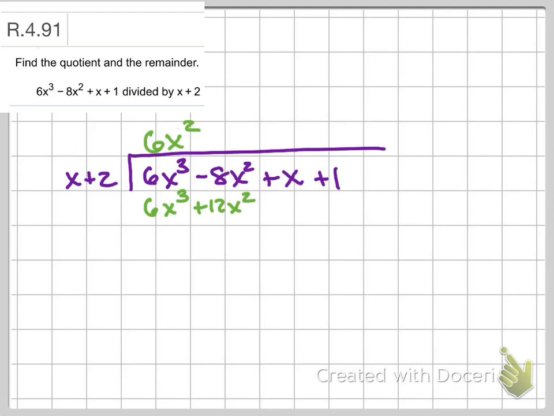Let me erase the distributing lines. After we do the multiplication, we need to subtract the 6x cubed and the 12x squared. So we're going to distribute a negative sign through to both of those. My students frequently remember the rhyme, draw the line and change the signs.